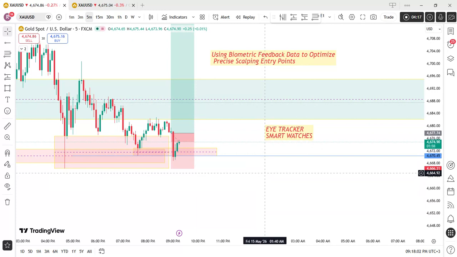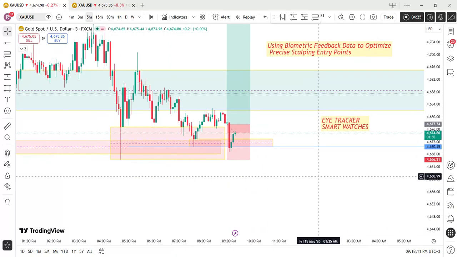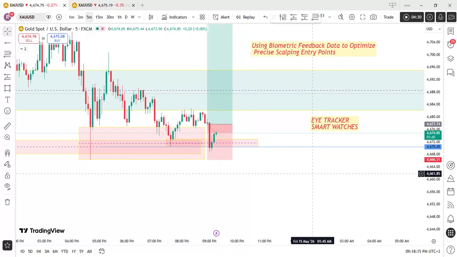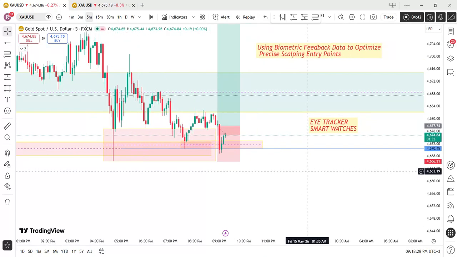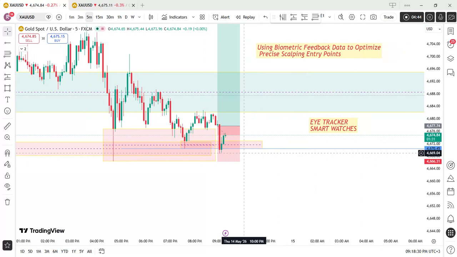So the neurological reality of scalping always requires rapid information processing, high precision in timing, and emotional neutrality, whereby you don't let emotion in when things are going the opposite way from what you expected, and fast reaction without panic. Once you see something happening that you wouldn't like to see, you close or get out of it immediately.